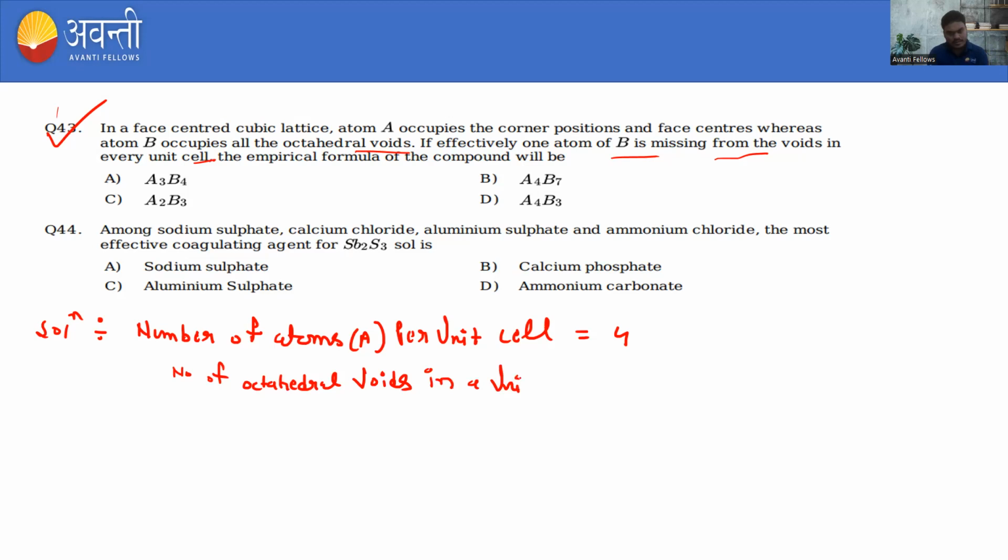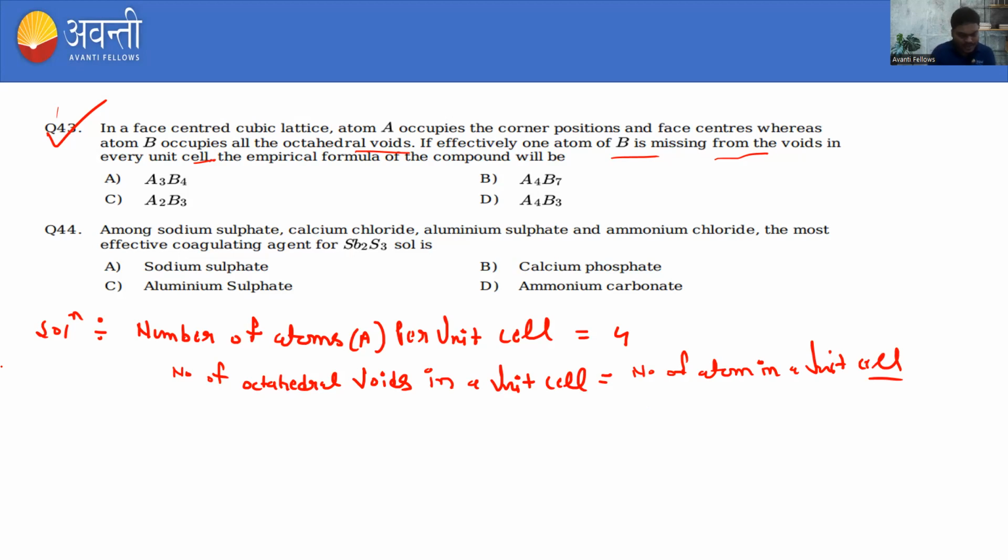The number of atoms A per unit cell is 4, and the number of octahedral voids in the unit cell is equal to the number of atoms in the unit cell.